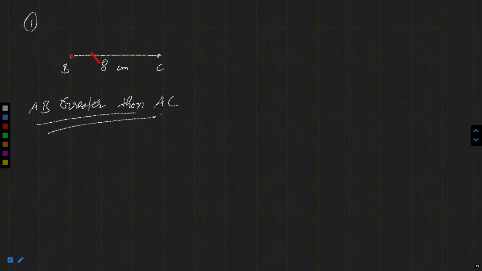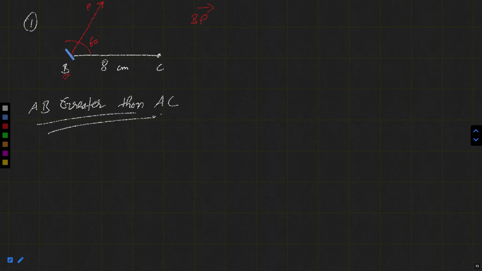So using a protractor, I mark my 60-degree angle here. This ray originates from B and I am naming it P. So BP is my ray, making an angle of 60 degrees with the line segment BC.